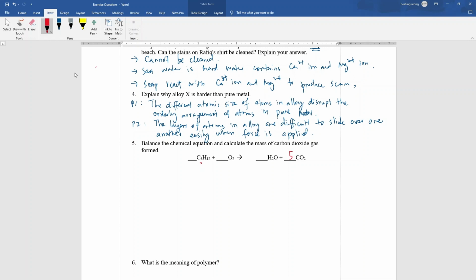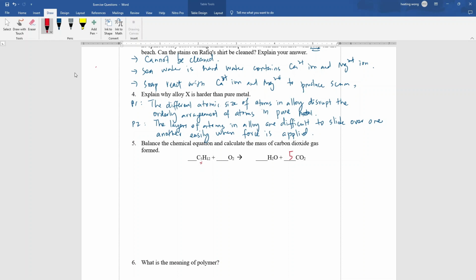We have the volume, 200 cubic centimeter. Be careful here. We need to change to cubic decimeter first, so divide by 1000, and you get 0.2 cubic decimeter.